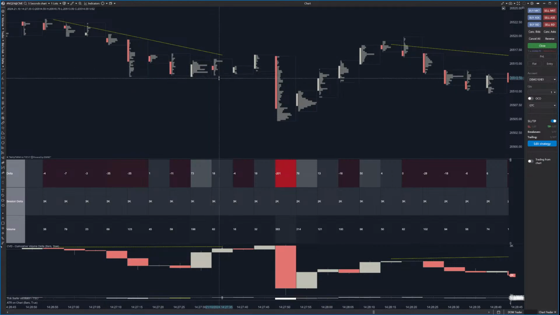And so again, if we didn't have the passive buyers and sellers, the market would just follow the delta, because the delta shows how many buyers hit the ask to get into a buy position, how many sellers are hitting the bid to get into a sell position, right? But that's not how it really plays out.